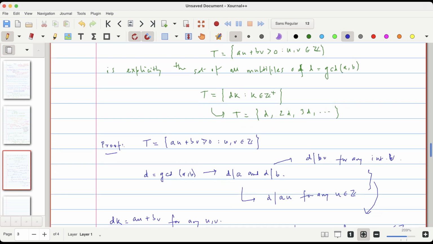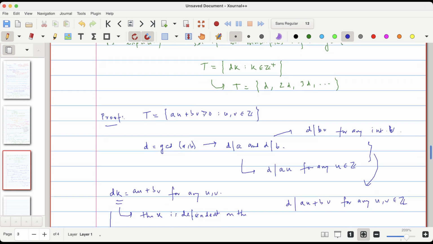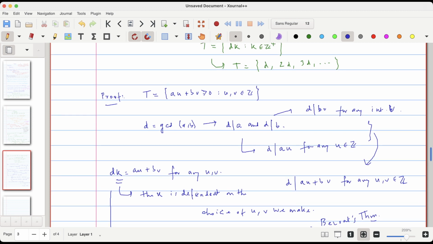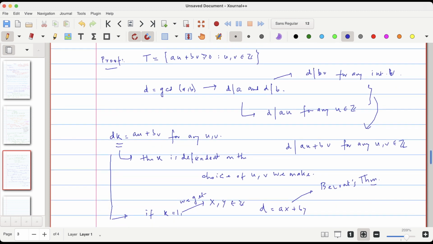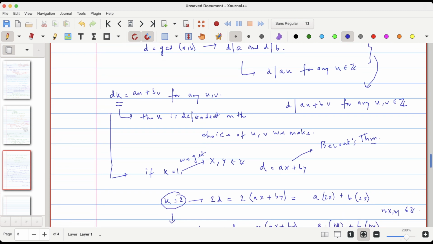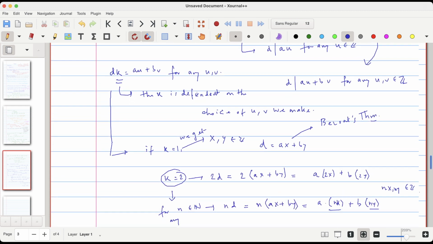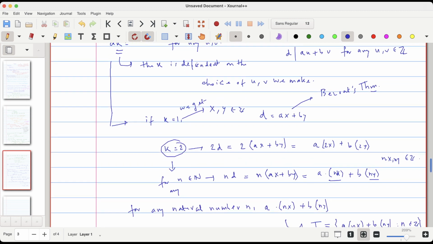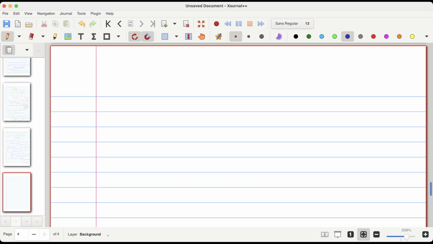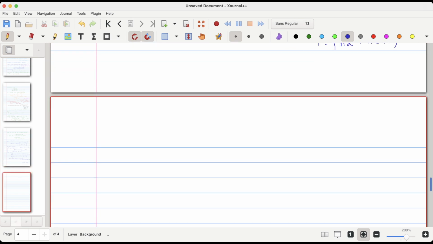Z plus and n are essentially the same. Z plus is 1 to infinity and n is also 1 to infinity. Clear, everyone? Which completes our proof.